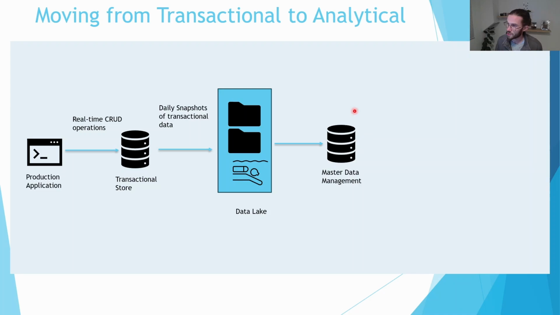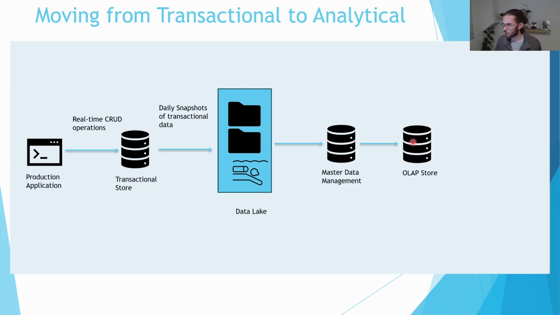In an MDM system, you want to bring all of that together. So if you have different business units, or different sub businesses within your big business, you want to bring together the data from all those different business units to answer questions like, well, how many total customers do I have? Or how many sales do I have in total across my different business units?